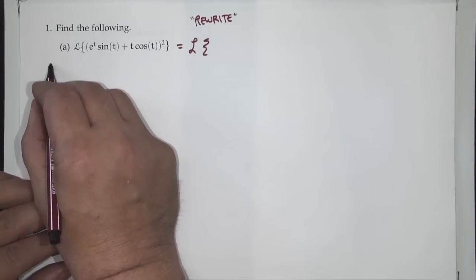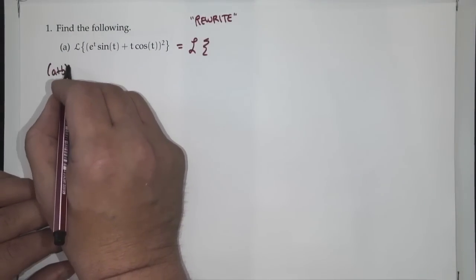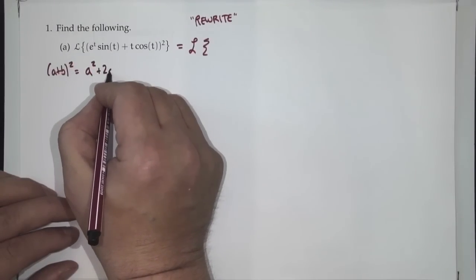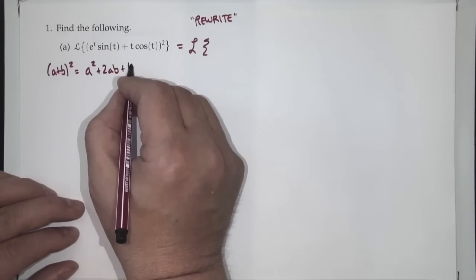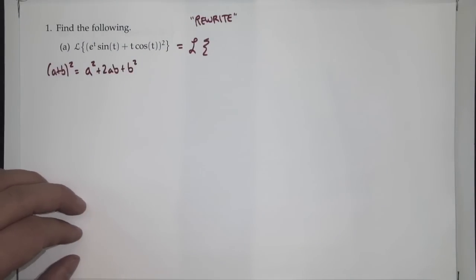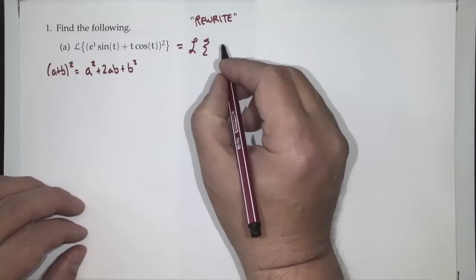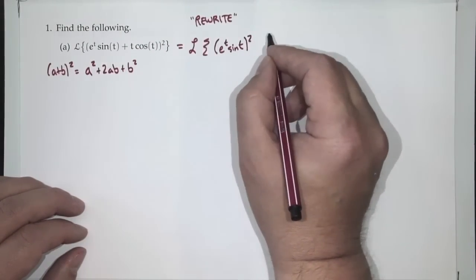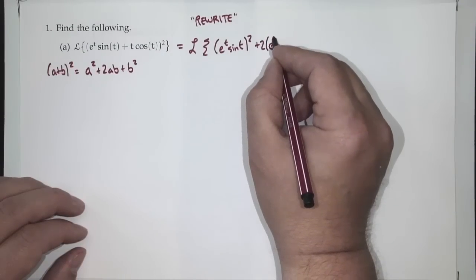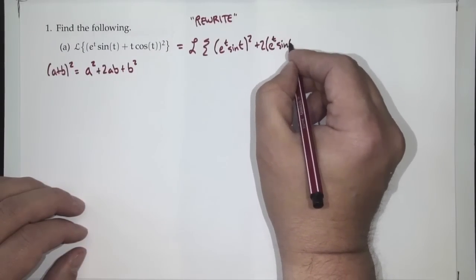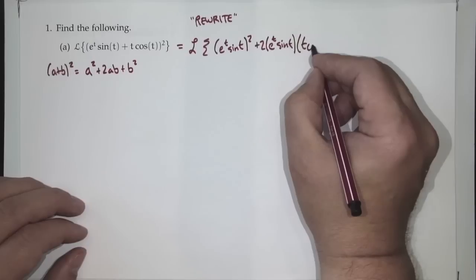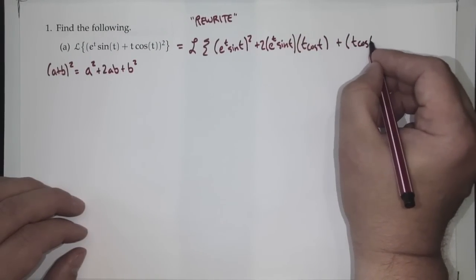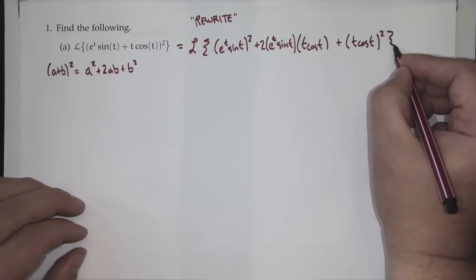Now, if you have (a + b) quantity squared, just as a reminder, that's a squared plus 2ab plus b squared. So for us, that means you square that e^t sin t. There's our a squared, plus 2 e^t sin t times t cos t, plus (t cos t) squared.